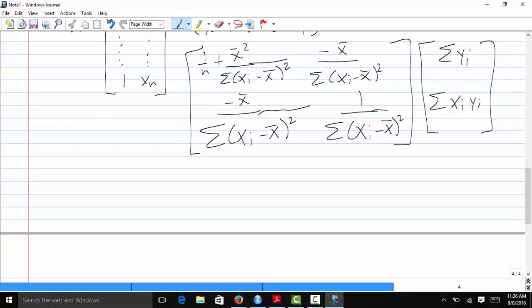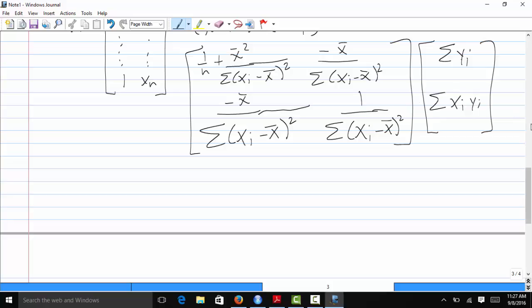Okay, so we're going to start off with this first part. So with this matrix algebra here, I want to multiply this element by this element over here, and then we want to add to that this element multiplied by this element right here.